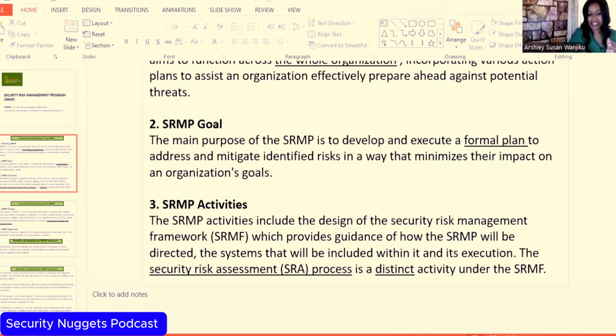Under the security risk management framework, there are three critical aspects: we have the direction, we have the systems, and we have the execution. The security risk assessment falls under the direction, and there are other things as well that fall under the direction.